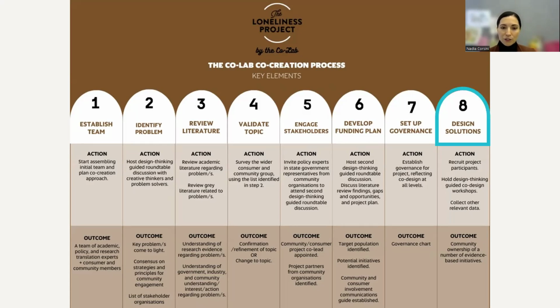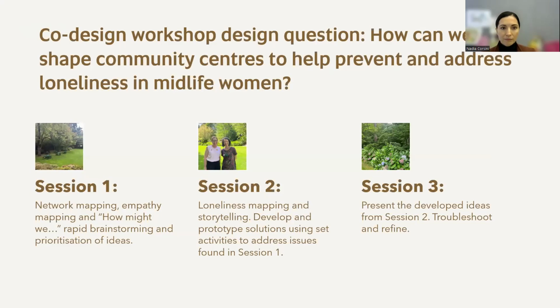Okay, so I'm going to focus on the co-design workshops in particular. Just to go back a little bit, the main idea for the Loneliness Project that came about over that messy period of stakeholder engagement was to address loneliness by building capacities in community centres.